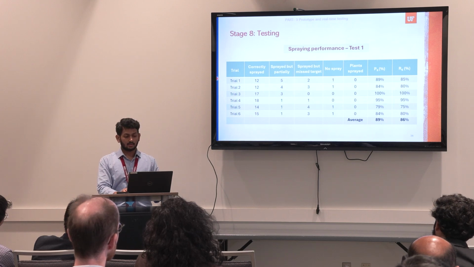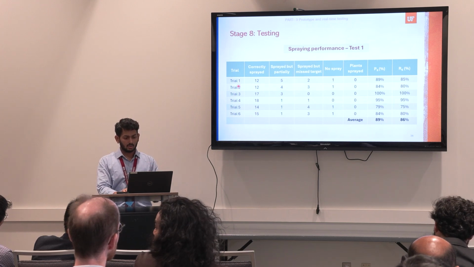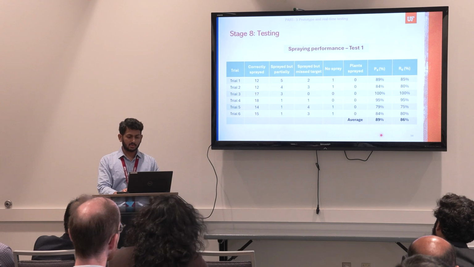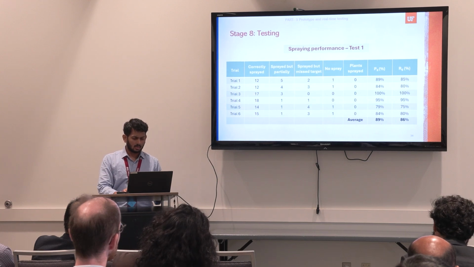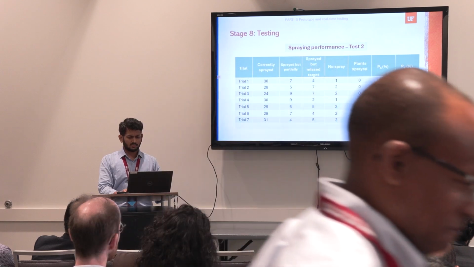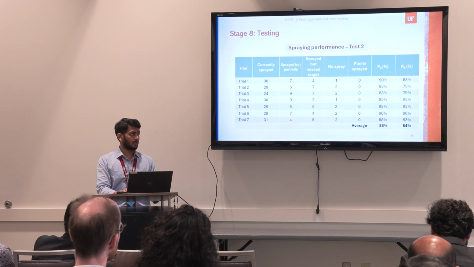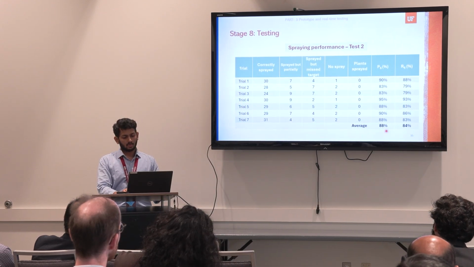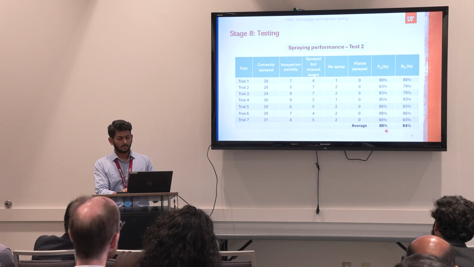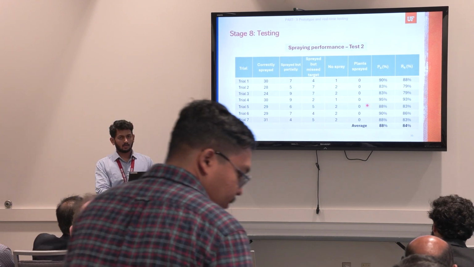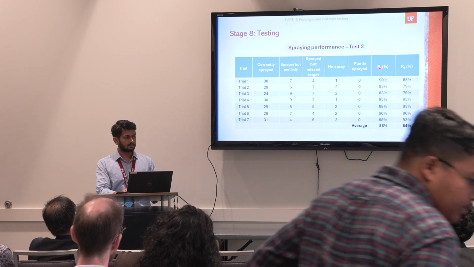You have to take care of that, and after doing all that, we got a performance of 89% precision and 86% recall for test 1, which is on pepper beds. This is for test 2, the same parameters. We have got a precision of 88% and a recall of 84%. Again, no plant sprayed on each of these tests.